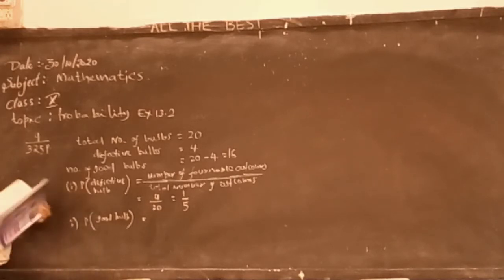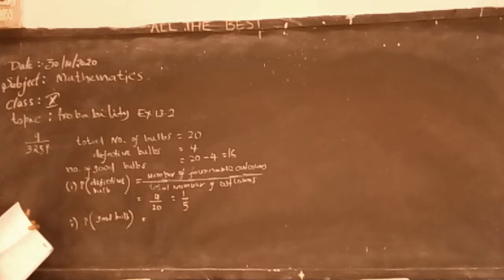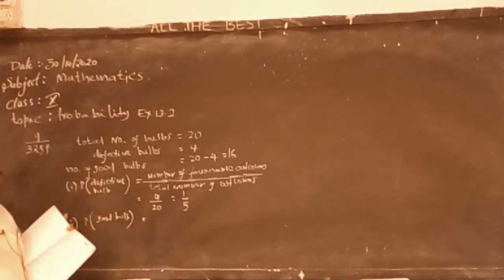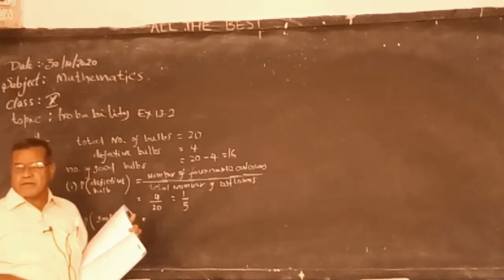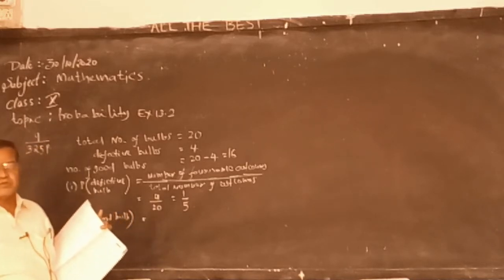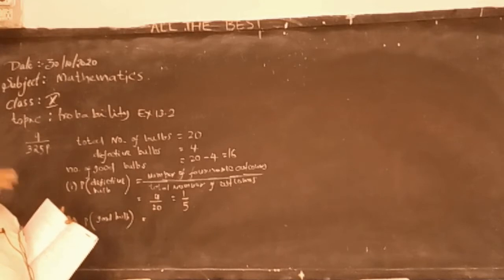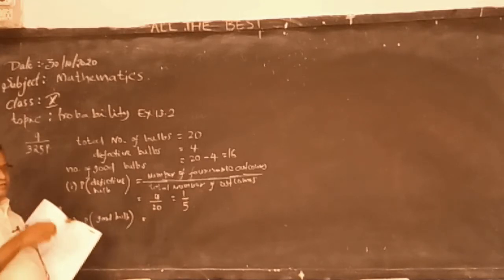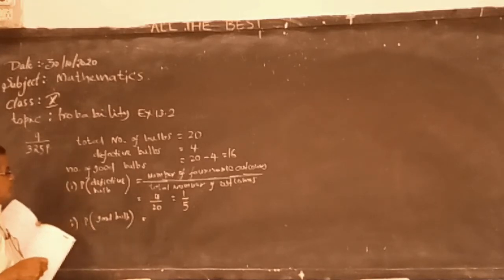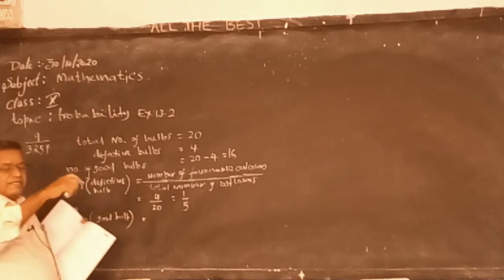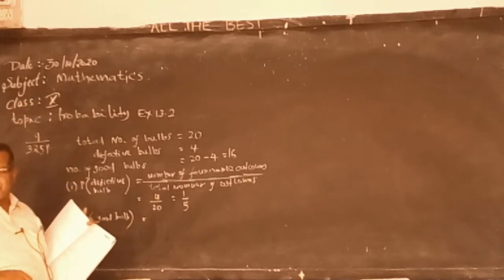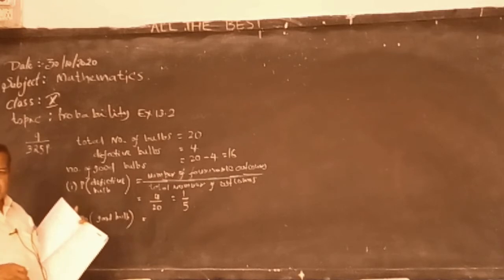The good bulb is kept outside. So businessmen will put one outside to let the customers know, oh, we are selling good bulbs also. So they keep one good bulb outside, hanging before the shop.